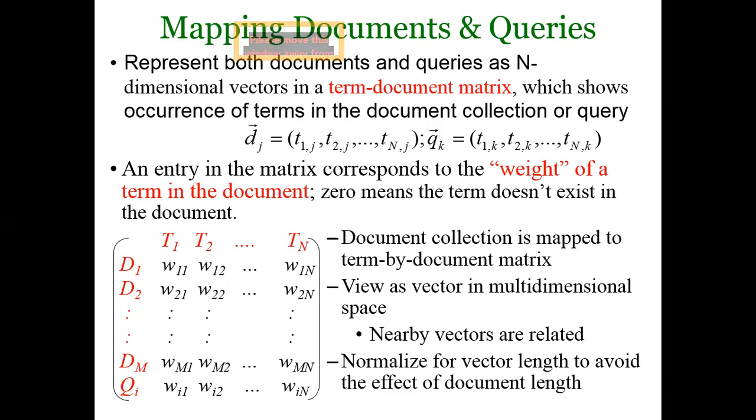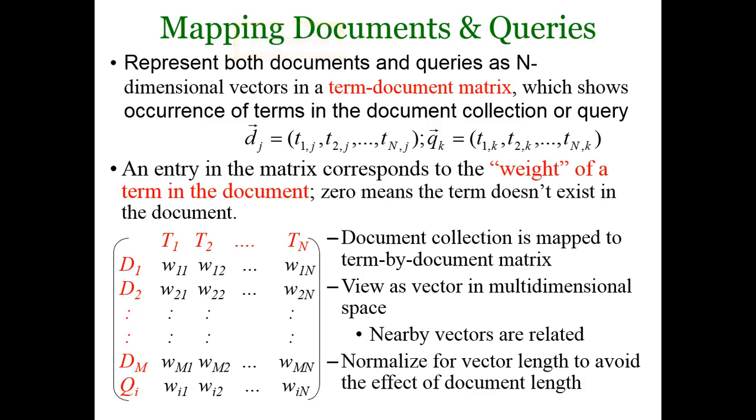But any IR model, to begin with, tries to construct a term-document matrix. Terms column-wise, documents row-wise, or possibly the other way also. The major thing is, for every document, we want to construct a vector. So every document is represented by n dimensions, where n is the size of the terms.